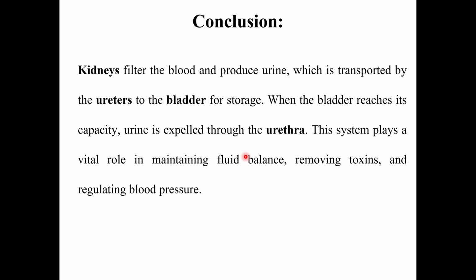When the bladder reaches its capacity, urine is expelled through the urethra. This system plays a vital role in maintaining fluid balance, and also plays a very important role in removing toxins and regulating blood pressure. Understanding the anatomy of the excretory system helps us appreciate how our body efficiently manages waste elimination.